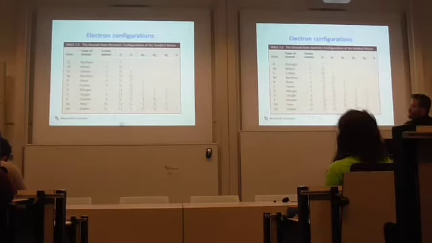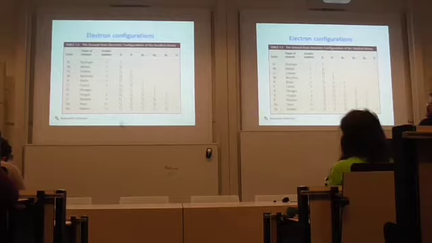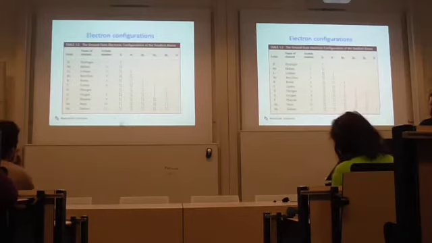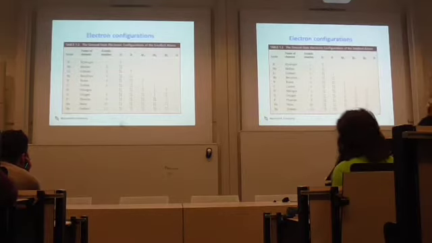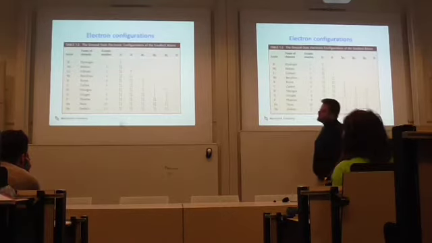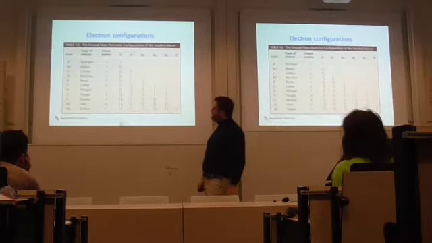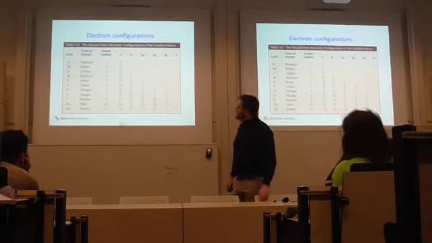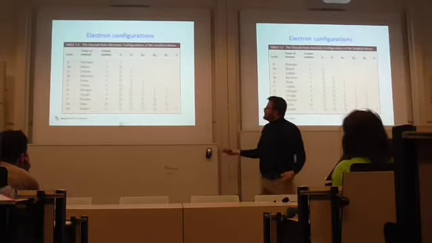Now, this is the way that we can represent it. We saw it via an Aufbau diagram with energy, but we can also represent it like this. This is the electron configuration for the first 11 elements, and you can see basically how this goes.